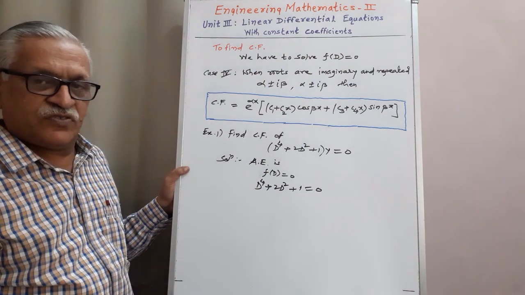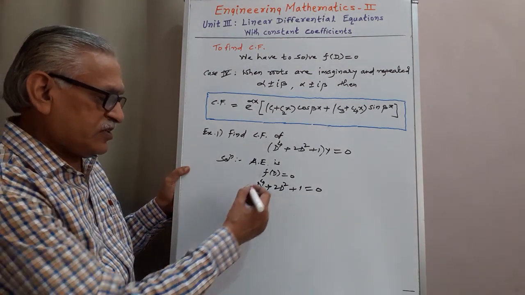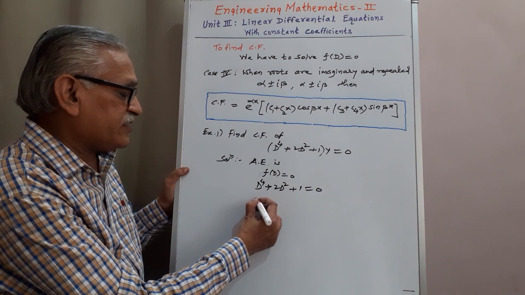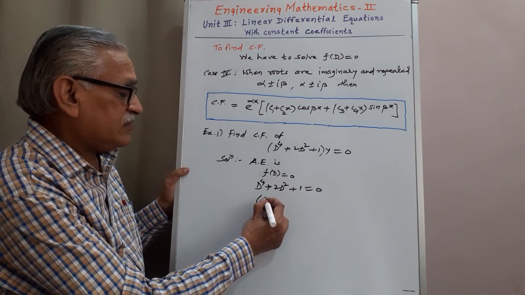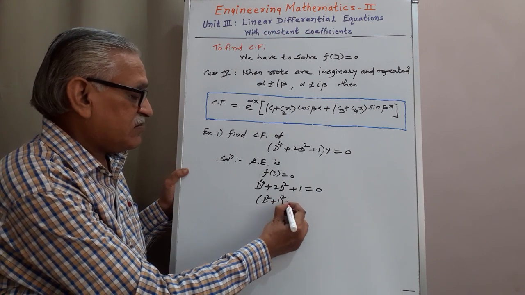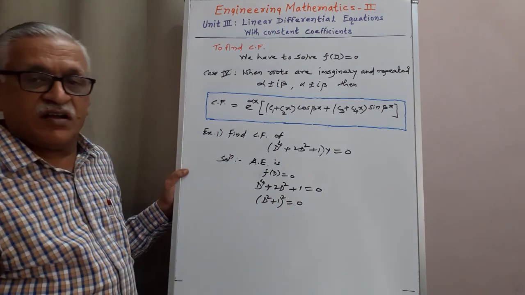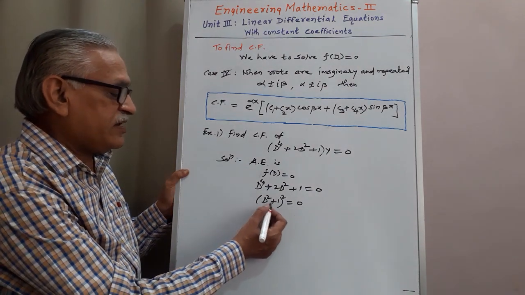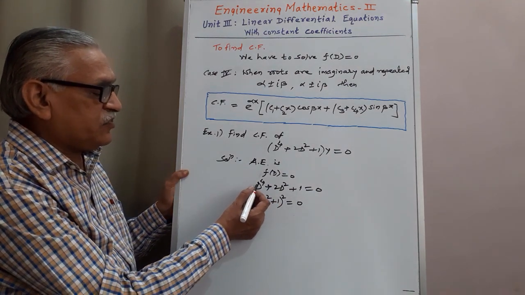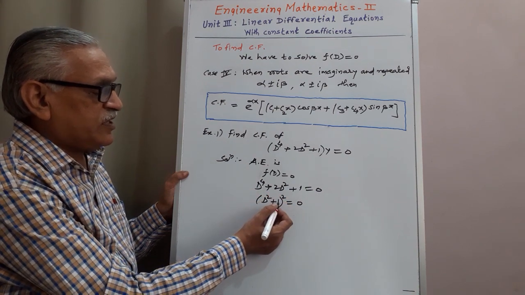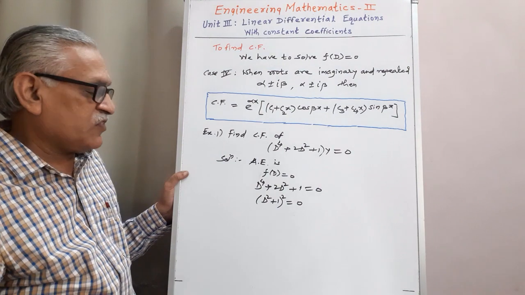There are 4 roots, as it is a fourth order polynomial, and therefore rewriting it, it is nothing but the perfect square of (D square plus 1). If you apply the (a plus b) whole square formula, a square is D raised to 4, plus twice ab is 2D square, plus b square is 1 square, 1.